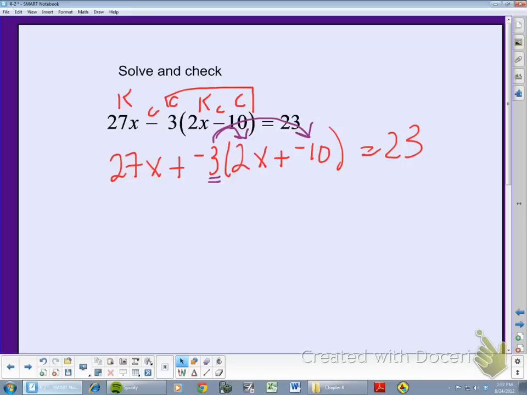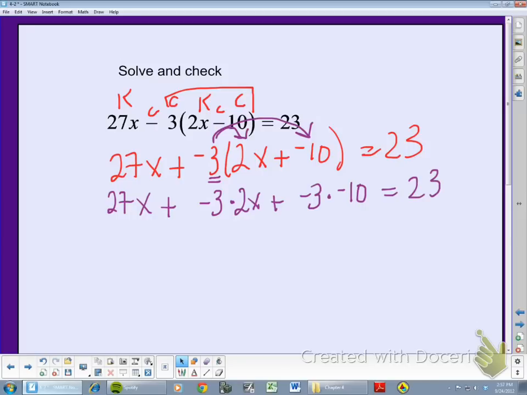When the -3 is on the outside of parentheses, it means multiply the entire quantity within the parentheses by -3. So the first thing that you want to do is think of it as 27x plus -3 times 2x plus -3 times -10 is equal to 23.